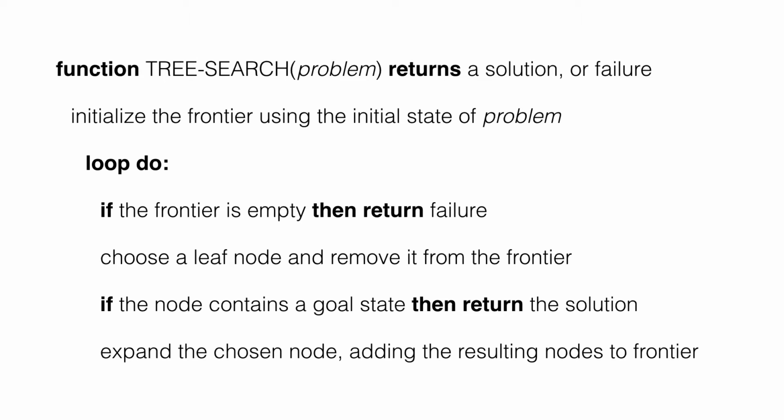You check if it's a solution, and if it's not, you expand it and take any of the new states that you discover and put them into the frontier. If you manage your frontier with a first in first out policy, you get breadth first search, or if you do a last in first out policy, you get depth first search. And then there are the other variants that we talked about as well.